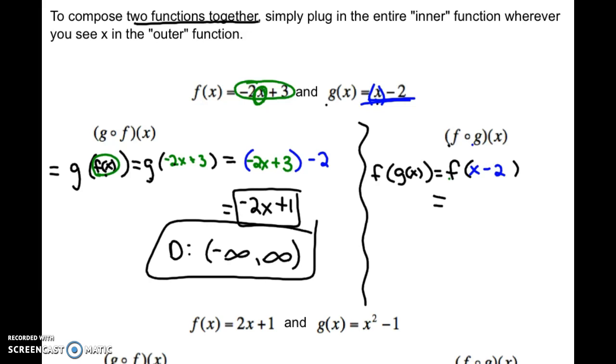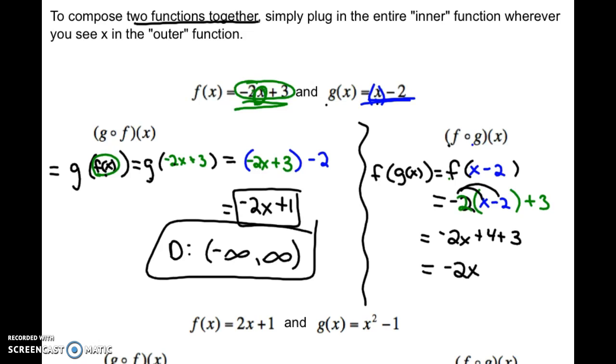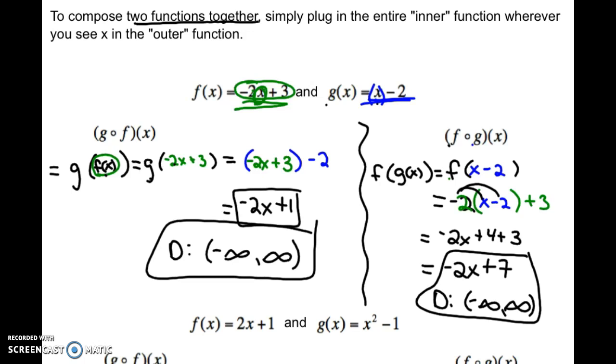So what we have there is negative 2, and for the x from our problem, we're going to put in x minus 2, and then the rest of our problem is plus 3. So we took the whole green function, just where there was an x, we used our parenthesis. Now I'm going to distribute. So we have negative 2x plus 4 plus 3. So that simplifies to negative 2x plus 7. And our domain is all reals, because there is no fraction and there is no square root.